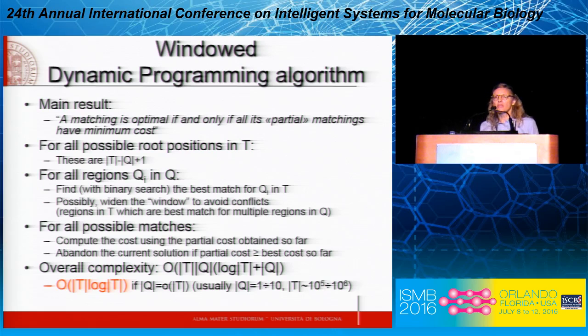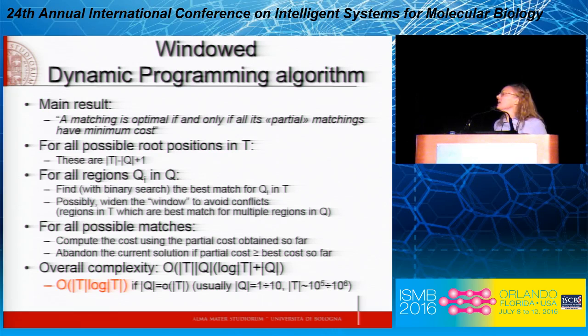Based on this theoretical result, the basic idea of the algorithm is that for all possible root positions, so for all possible root matching, and for all regions of the pattern, what we do is find, first of all, the best matching for each element of the pattern, using binary search, of course.